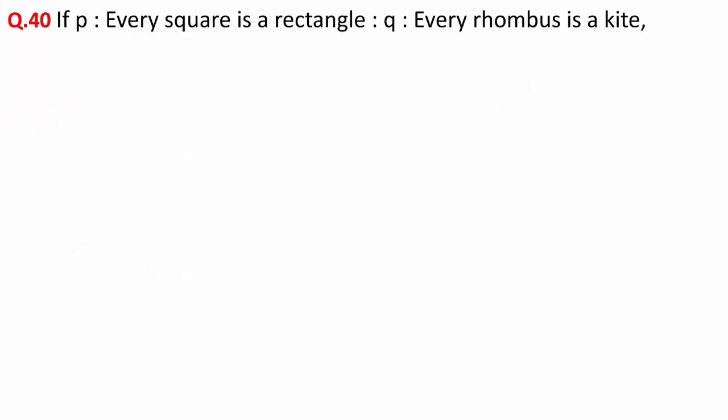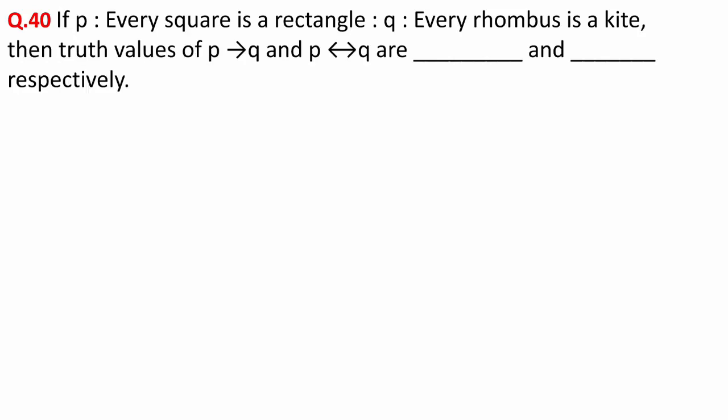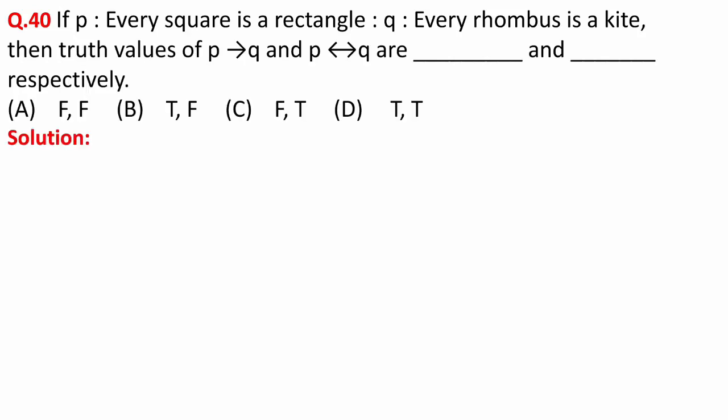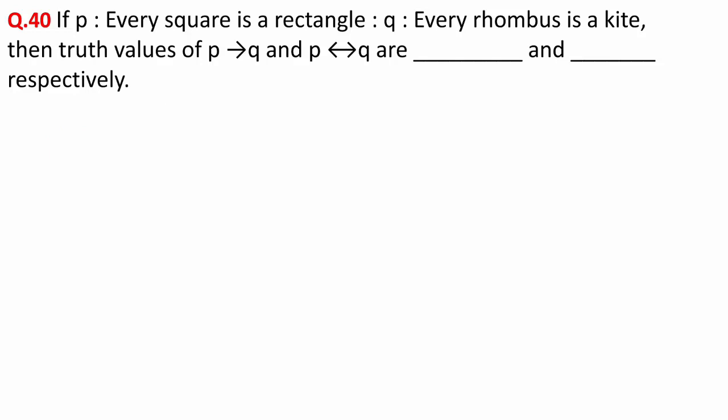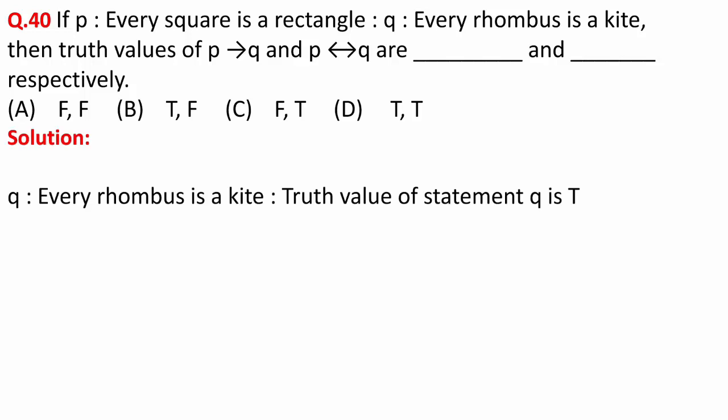Question 40. If P is every square is a rectangle and Q is every rhombus is a kite, then truth values of P implies Q and P if and only if Q are, options are A F F, B T F, C F T, D T T. Solution.